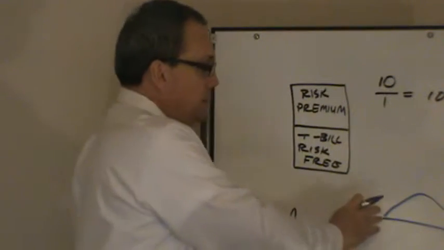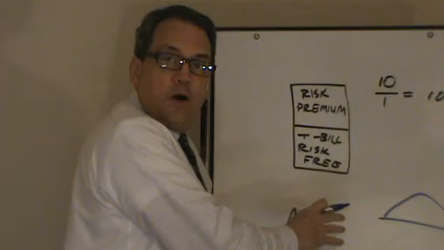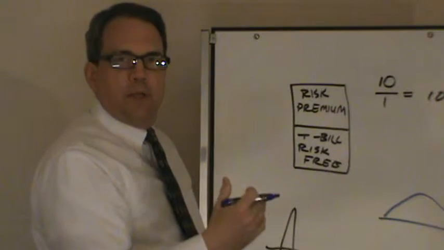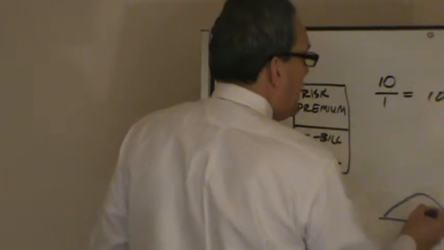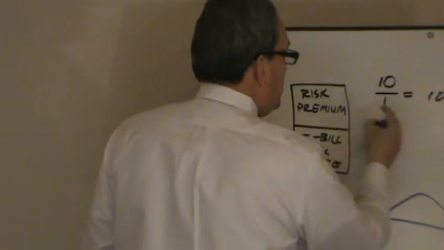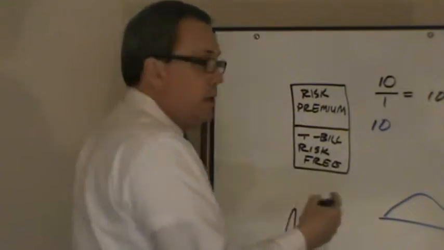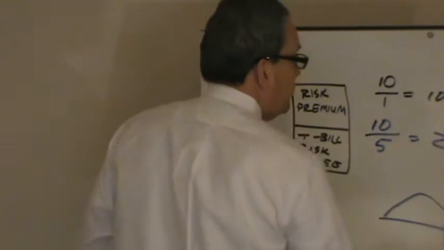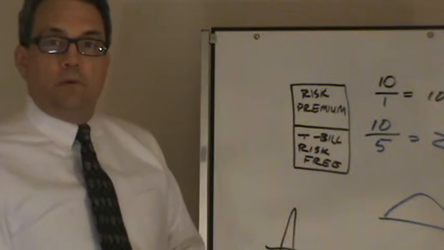So basically, our yields are going to be all over the place. We've got a lot of volatility, not much predictability, because we've got a standard deviation of 5. The 10 didn't change. What changed was, right there, we've got a Sharpe's ratio of 2.